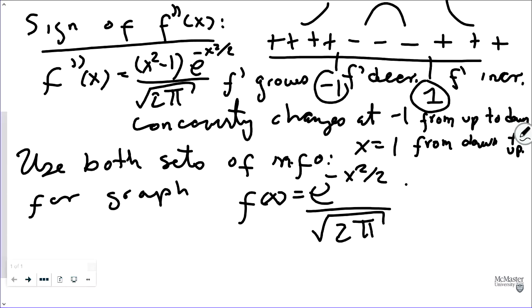And, well, first of all, you know that the exponential is always greater than 0. So the function is always positive, that you know.